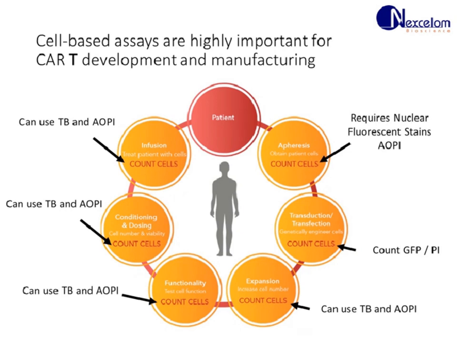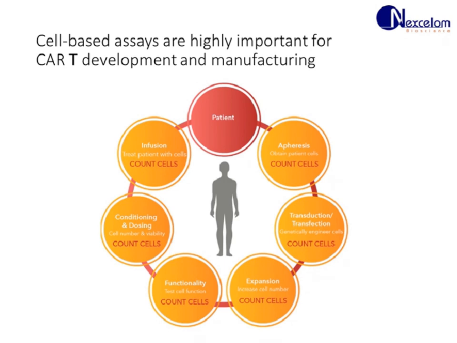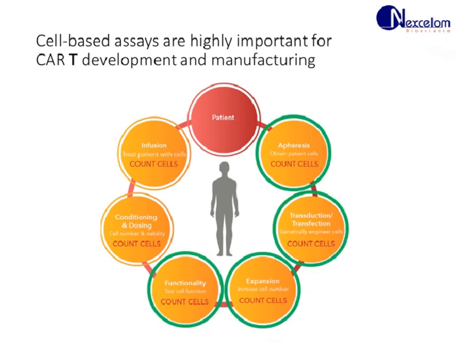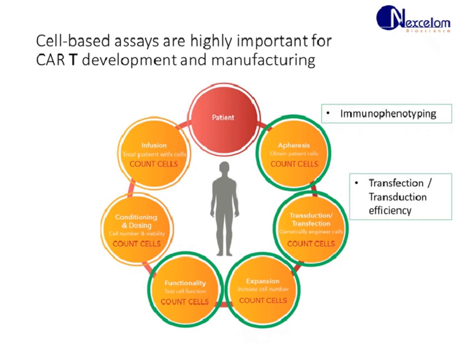In addition to cell counting, cell-based assays are also very important for CAR T cell development and manufacturing. So when we're looking at all these different steps, at the same time, cell counting methods can be applied. For example, looking at these 4 different steps, you can look at immunophenotyping when you first collect the patient sample.